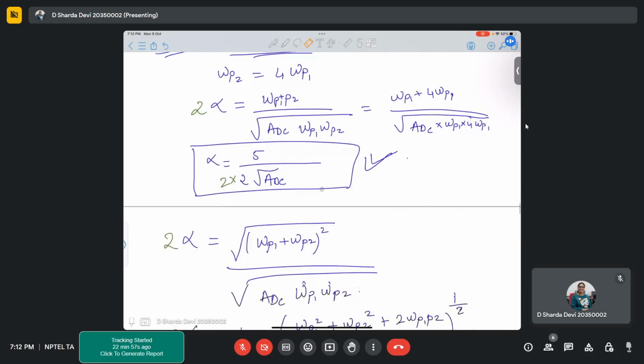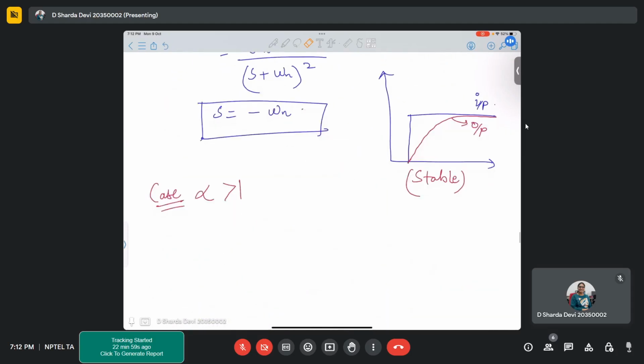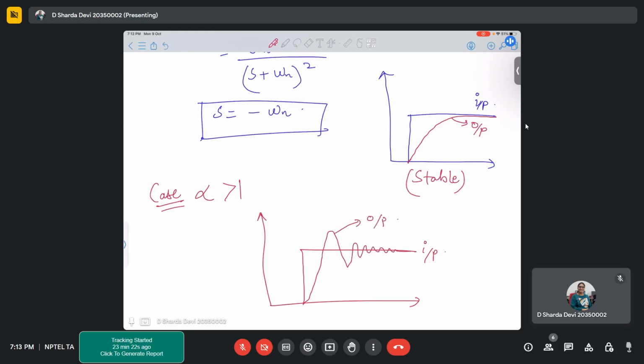So the case when alpha is greater than 1, what will happen is you will get a damped system, which is stable, but it is not like an overdamped system. Rather, it is simply a damped system. So it is input, then your output will look like this. So this is your output, and this is also stable.